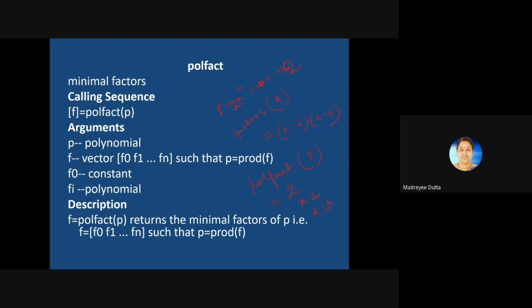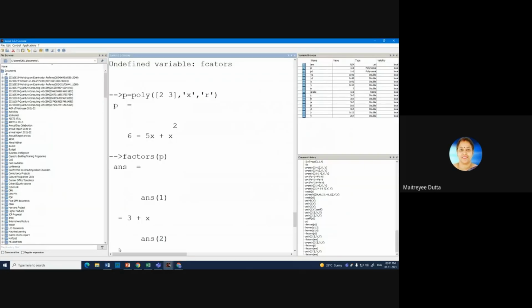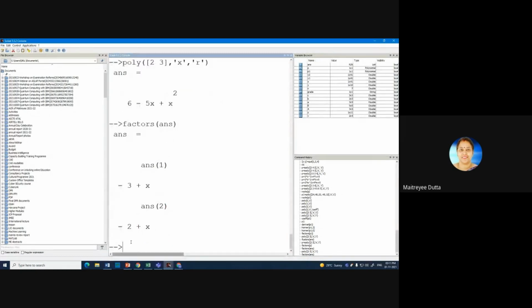The difference is that in pole fact, we get the multiplying factor as well as the other factors, but in case of factors, it will not include the multiplying factor. Let me just check it. I will just tell you.